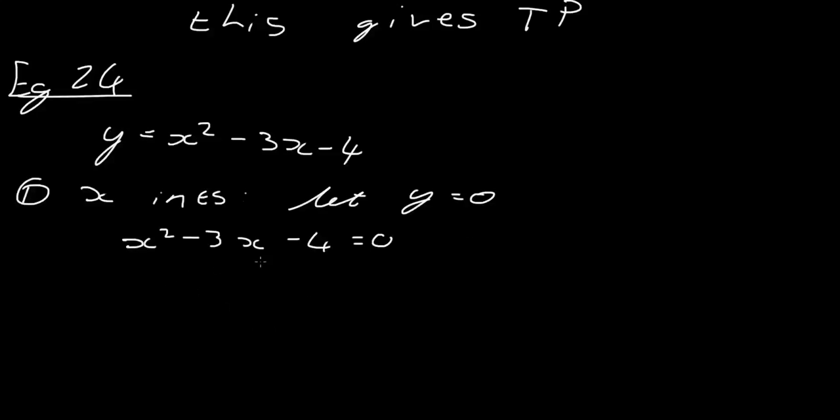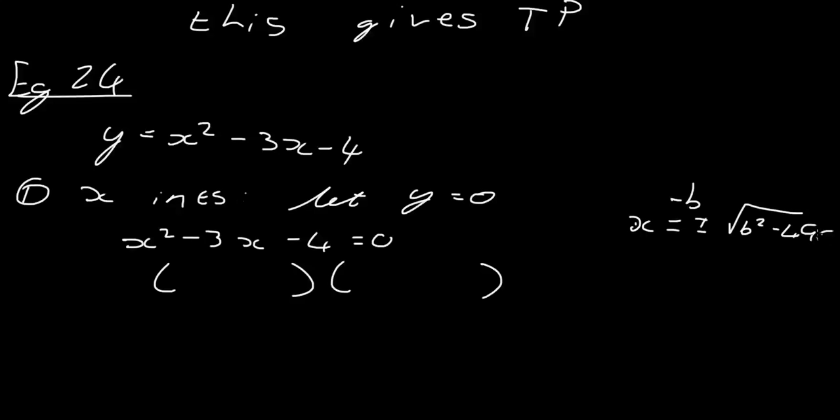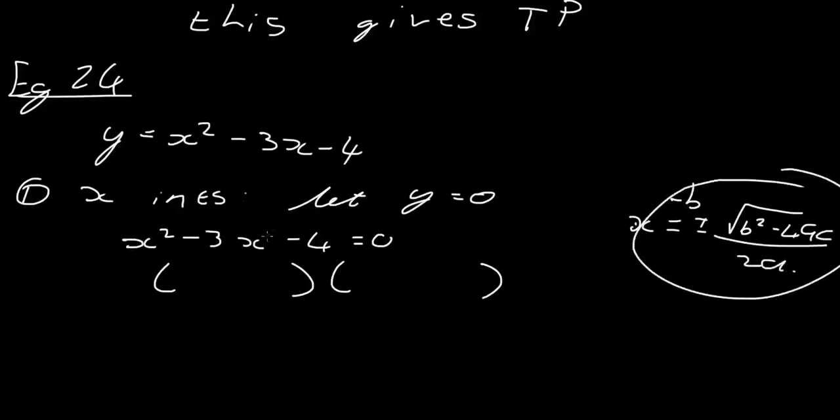which we can factorize. Now, this equation factorizes normally. Bear in mind that you might have to use the quadratic formula. x equals plus minus square root of b squared minus 4ac over 2a. So you might have to use that to get your x-intercepts, but in this case it's not necessary.